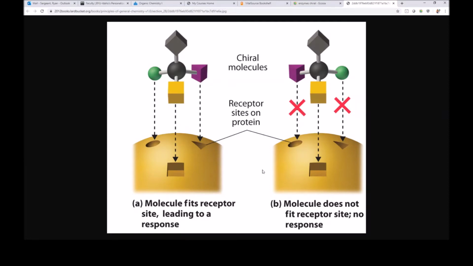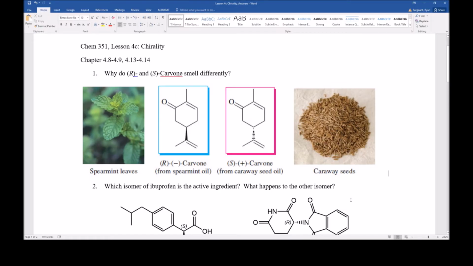And then if you try to shove the other enantiomer into that same receptor site, the binding just doesn't match up. They don't have the right intermolecular forces of attraction, be it hydrogen bonds or some type of dispersive force interaction. But the point of this question is to get you to recognize that biologically it matters very, very much which of the two enantiomers you are giving to the biological system.